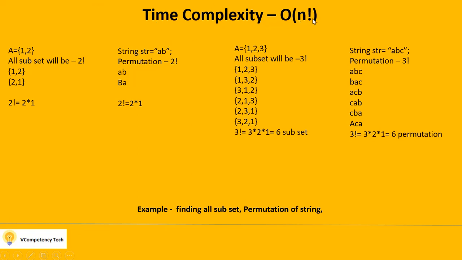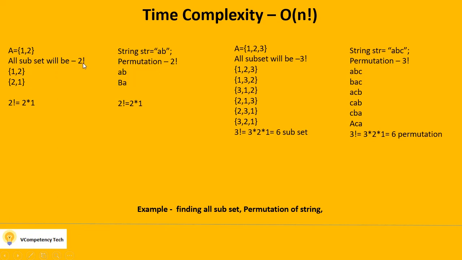Time complexity O factorial n. So if you are finding all subsets or permutations of a string in this kind of program, your time complexity will be O factorial n. Let's see. One set A is having elements 1 and 2. If I write the subsets, I will write 1, 2 and 2, 1, equivalent to factorial 2.